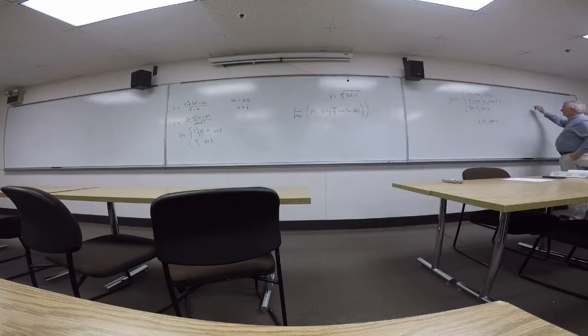So 1 is equal to 2 squared plus 3a minus b. Do the arithmetic, simplify it. 3a minus b equals negative 3.